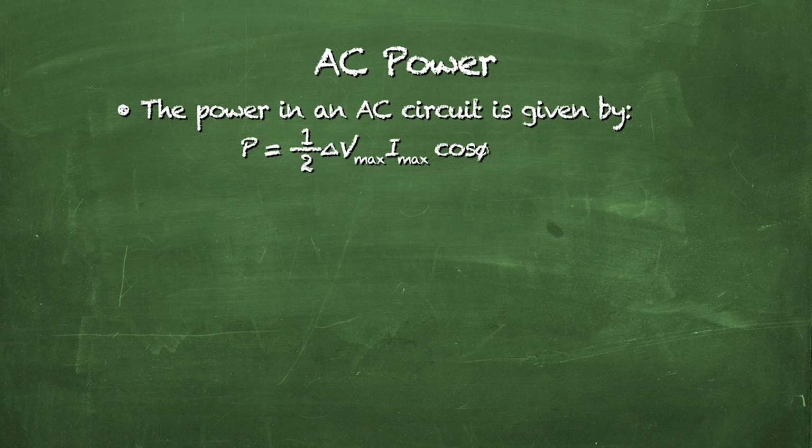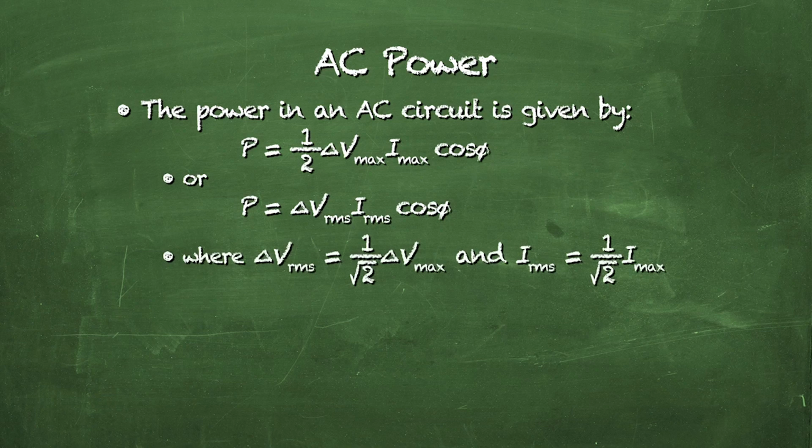Let's change this equation slightly by replacing Vmax and Imax with Vrms and Irms, where delta V RMS is 1 divided by the square root of 2 times delta V max, and I RMS is equal to 1 divided by the square root of 2 times I max.